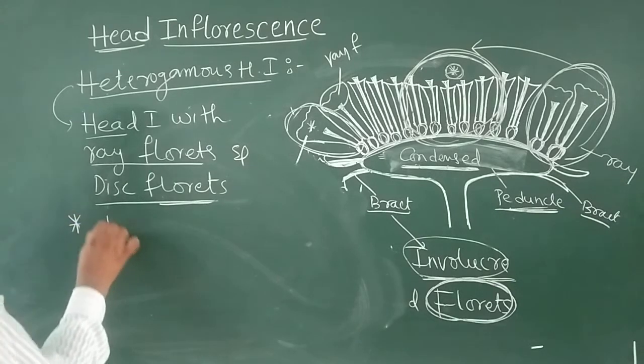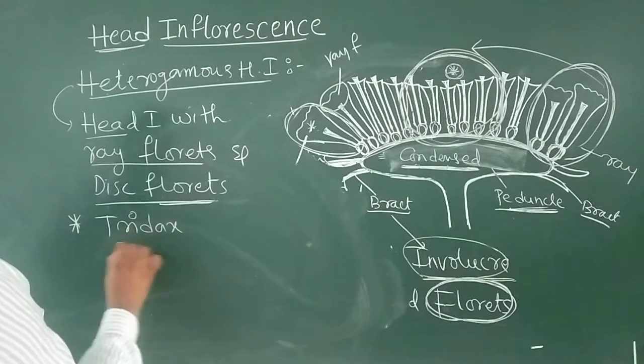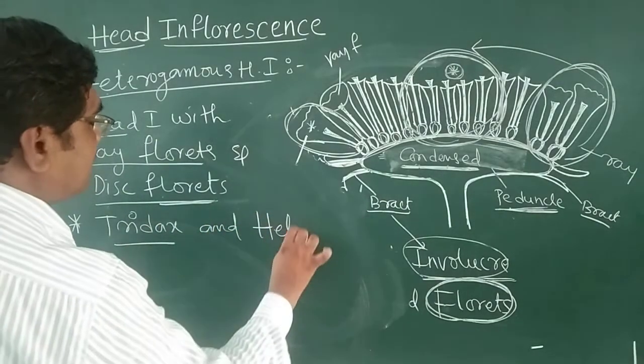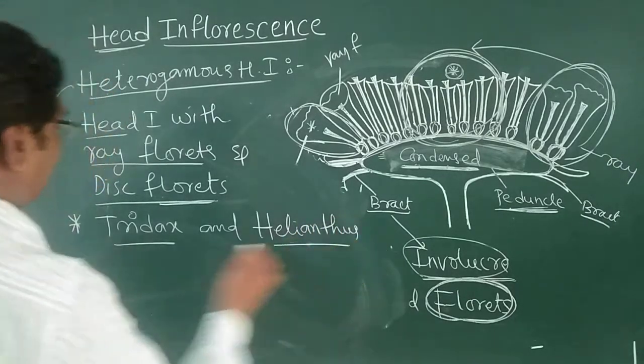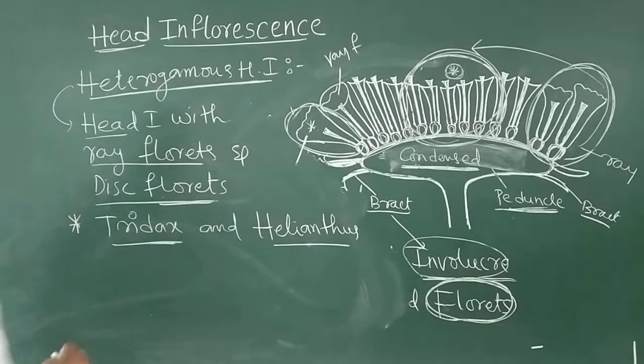What are the examples? That is Tridax and Helianthus. These two are examples for the heterogamous head inflorescence. So these are the two types of head inflorescence.